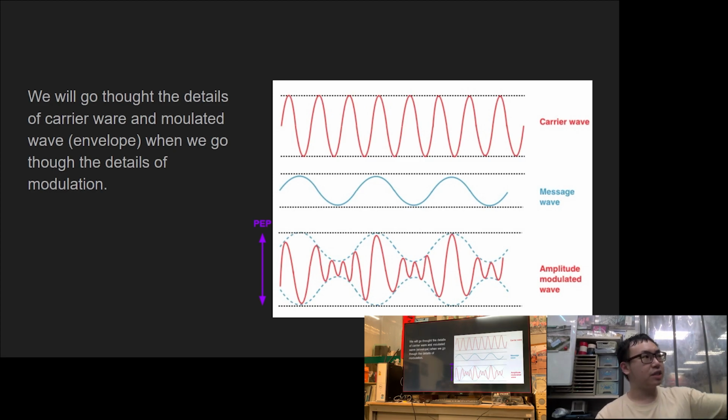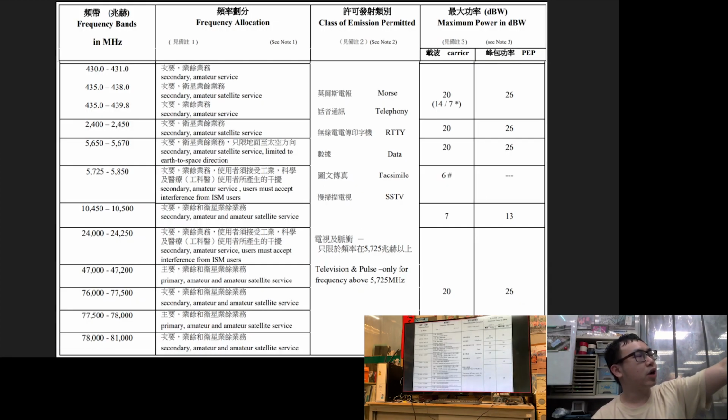So you see that the carrier wave is the frequency that you decide to use. You have to follow the left column, which is the carrier wave here. And for modulated wave, which is the PEP, you will have to follow this here, which is different. So you will be careful.